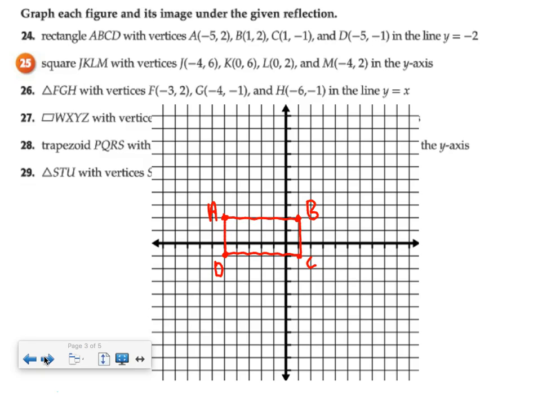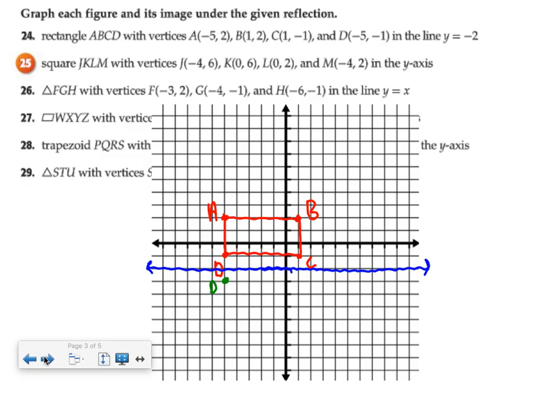Okay, so that's my pre-image, and now I want to graph the image, which is being reflected over the line y equals -2. Y equals -2 is the horizontal line that crosses the y-axis at -2. Now again, guys, we're just simply counting and seeing how far away I am. So D is 1 unit away, so D prime is 1 unit away.